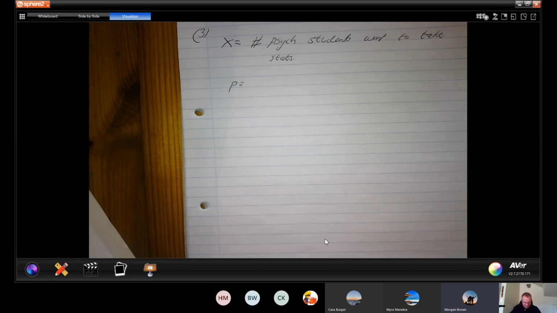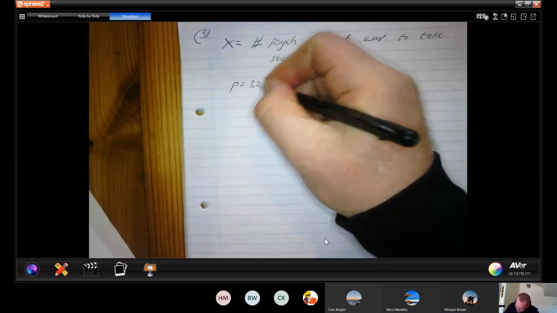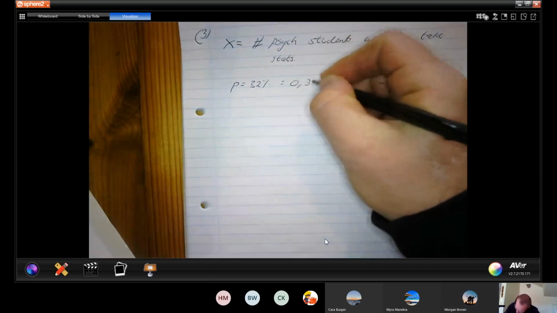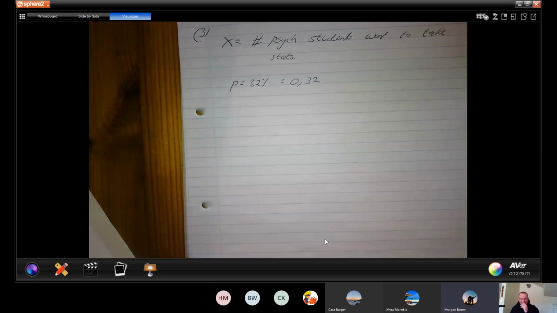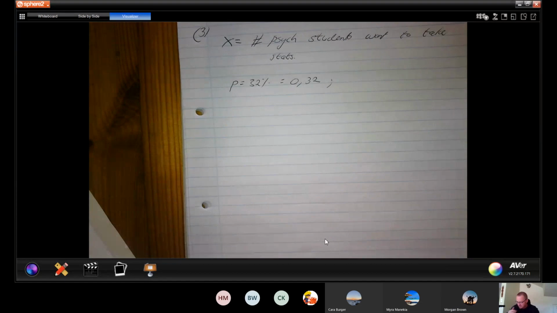I don't have the book. Okay, 32%, so the probability is 0.32. Now in this question, either they're going to take stats or they're not going to take stats, so it's binomial, where one taking stats, we assume, doesn't affect the other. So P is equal to 0.32.